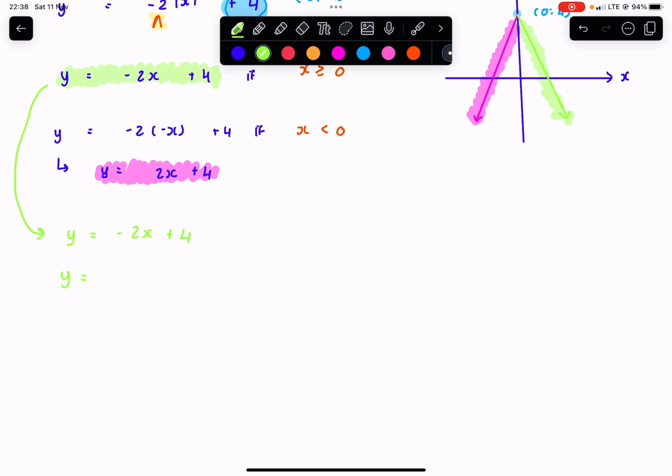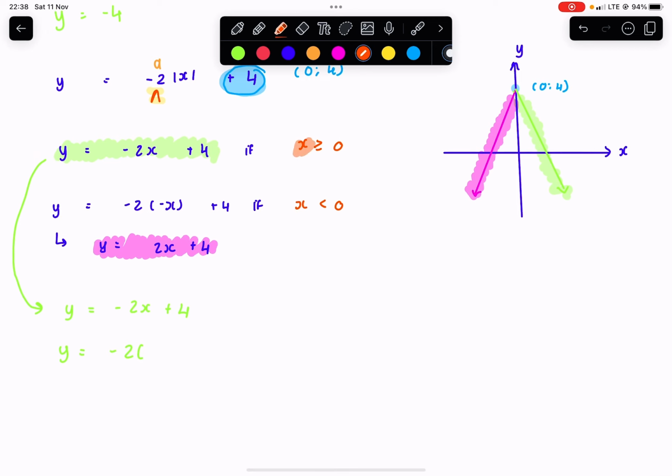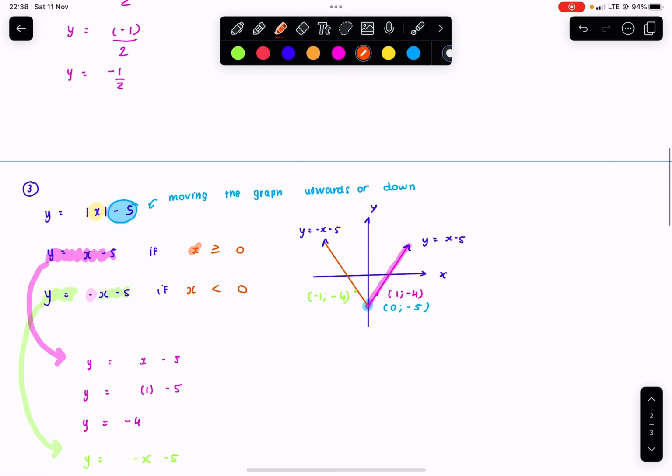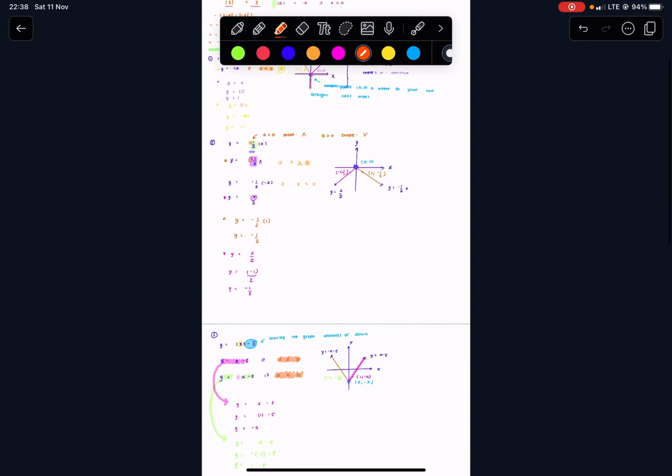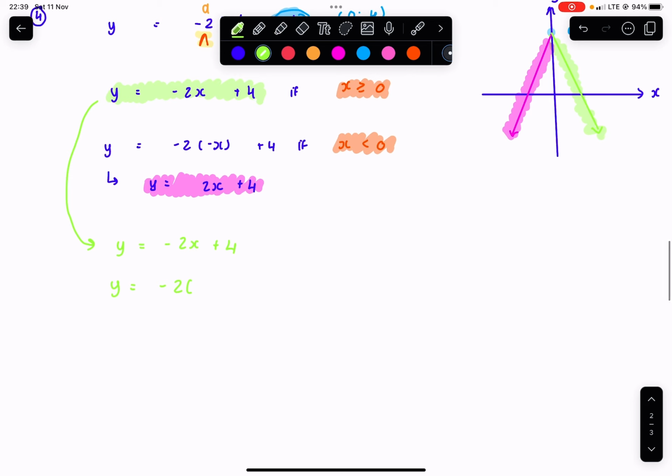Substitute a positive value in because that is what the question asks of us. Because of this condition, just reminding us all what the conditions are. They're very important to remember. And if an answer doesn't fit a condition, then your answer can't exist. Okay, cool. Negative 2 plus 4 is 1. Great.